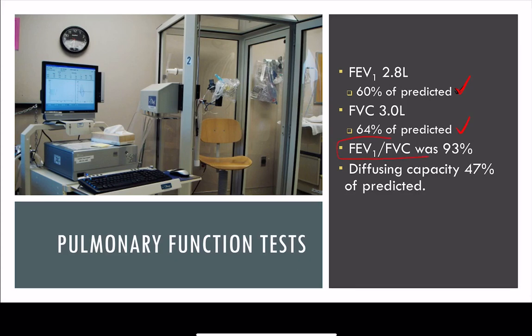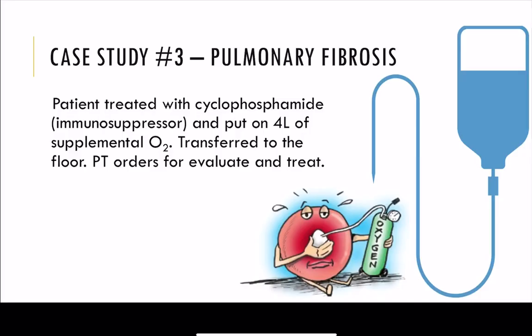So when you make the ratio, it's quite normal. Diffusion capacity is 47% of predicted. Yikes, that is not good. So this patient was treated with an immunosuppressor and put on 4 liters of supplemental oxygen, transferred to the floor, and there are orders for PT to come in and evaluate and treat.